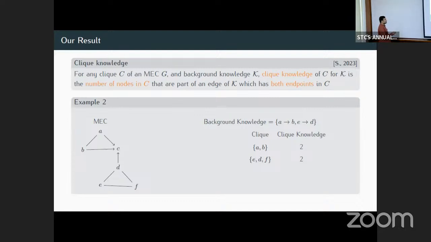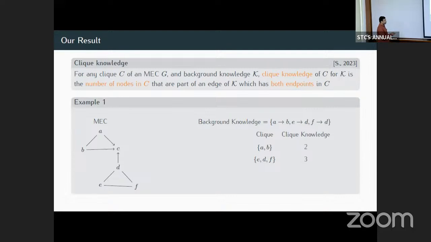And this one, EDF, also has clique knowledge 2, because only E and D are part of a directed edge in the background knowledge. F is not part of any edge in the background knowledge.